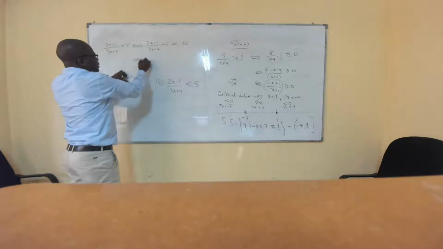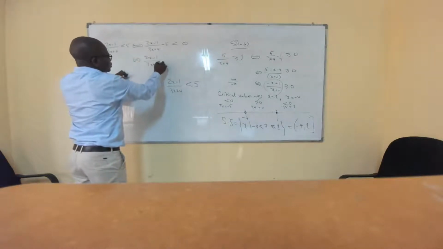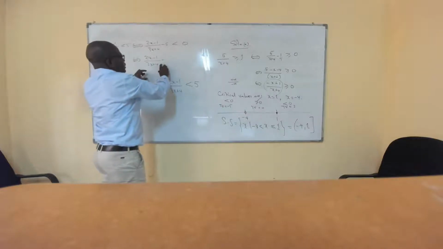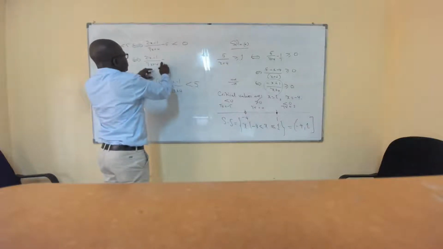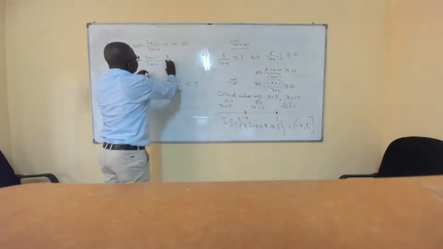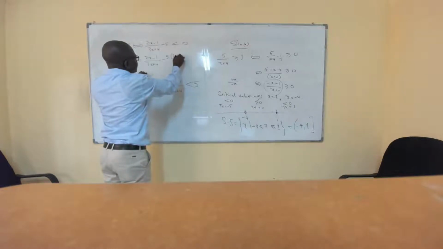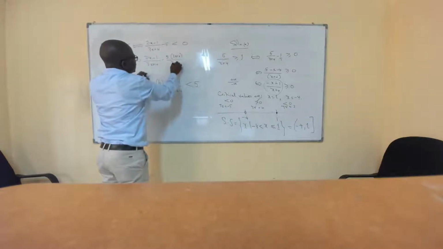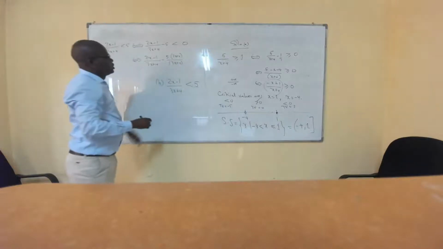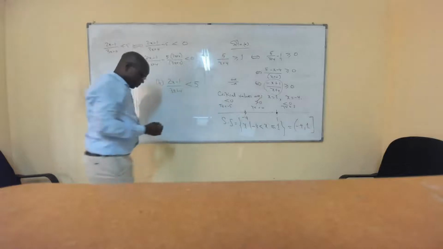I can write this as 2x minus 1 over 3x plus 4 minus 5, and put 5 over the same denominator. I've not changed anything there. It's less than 0.